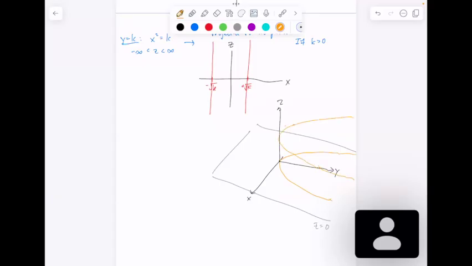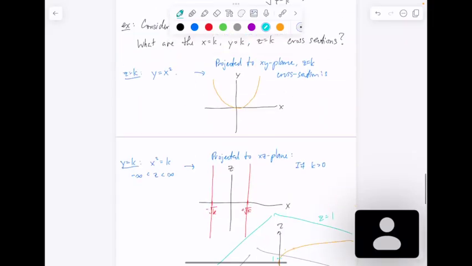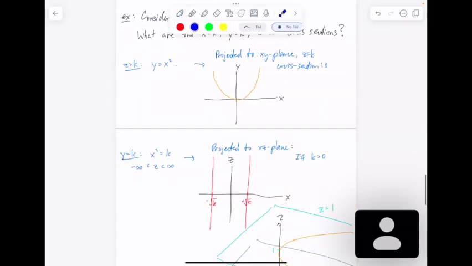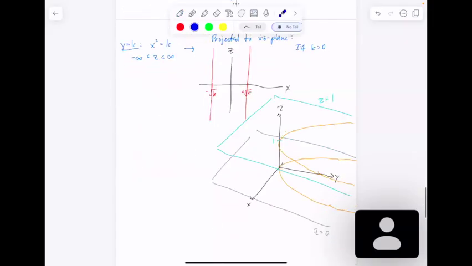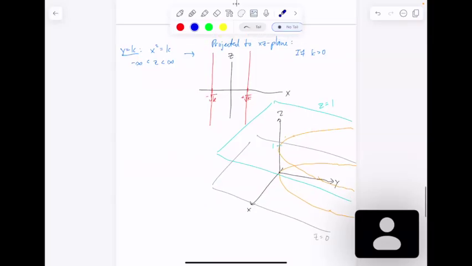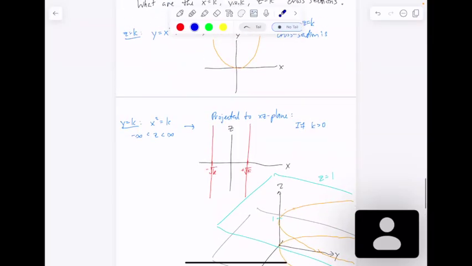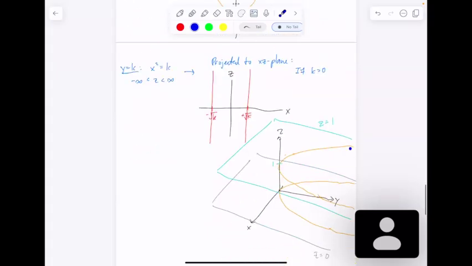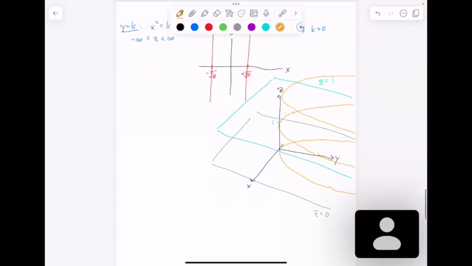You can move up here, and on this slice, this is the z equals, let's say, 1 slice. It also doesn't change, right? For every single k, your projection always looks like, when you look down from above at its shadow in the xy plane, a parabola. And so you could build up for each slice, it looks like this vertically.